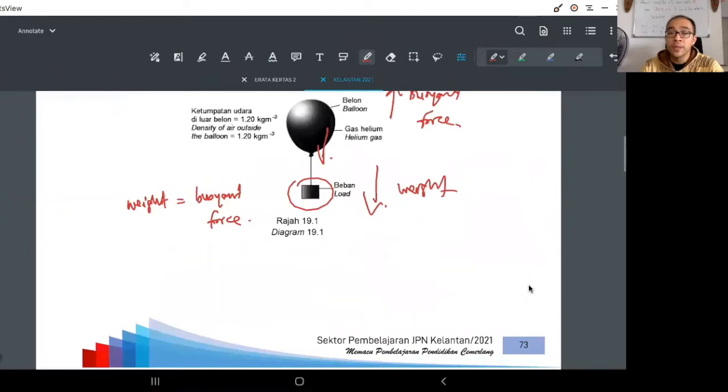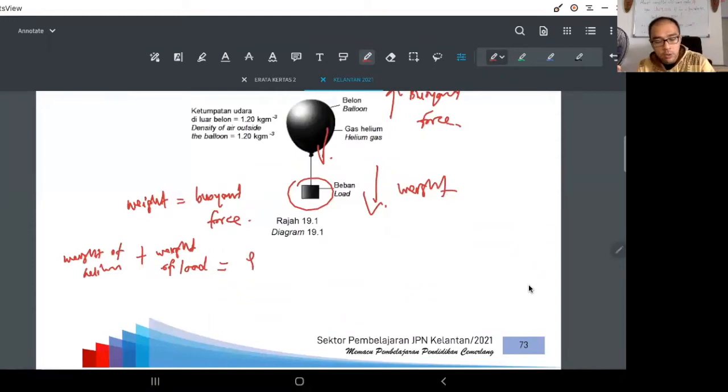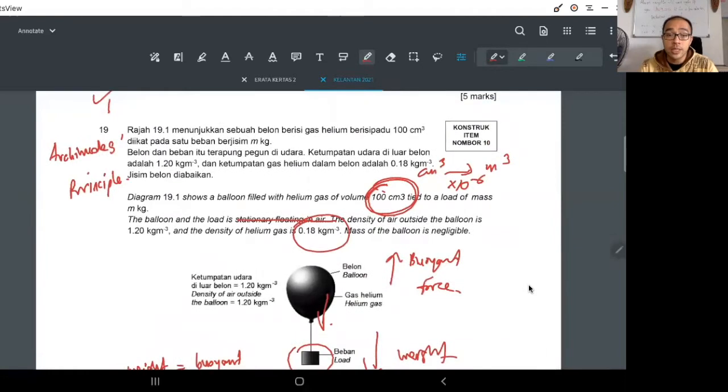The weight is because of two things: the weight of helium plus the weight of the load equals the buoyant force, which is rho g V. That is because of the helium. Sorry, the volume is correct because of the helium.